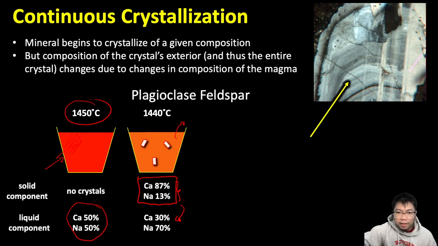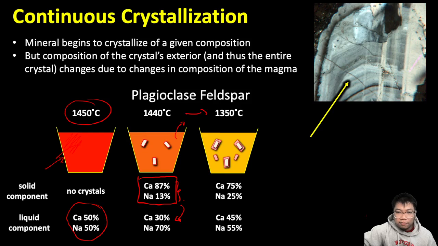And if I keep dropping the temperature to 1350 degrees Celsius, now I have a totally different composition of calcium and sodium, and again it also changes the composition of the liquid.